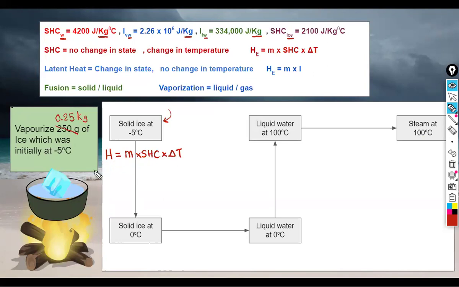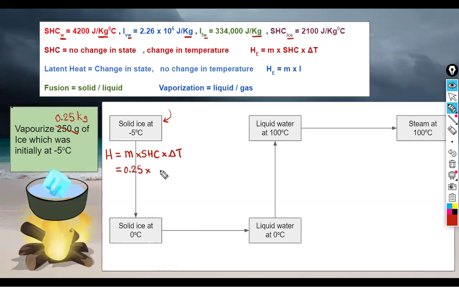All right, so let's see what values we have to put in here. The mass is 0.25. That's the mass of the ice. What are we going to put for SHC? Look at the top of the page and tell me what value we are going to put for SHC. I want to see if you all fall for this. Which value are we going to put over there?